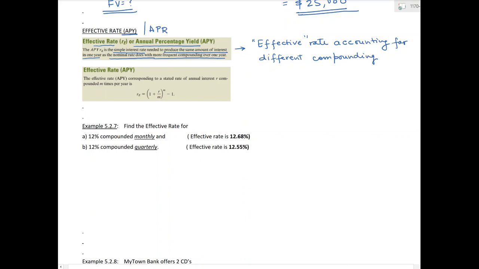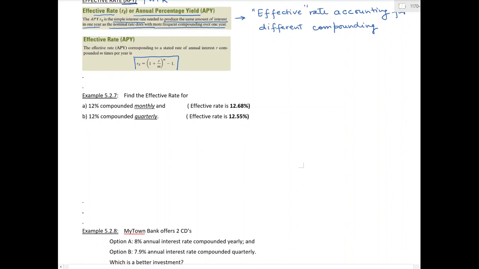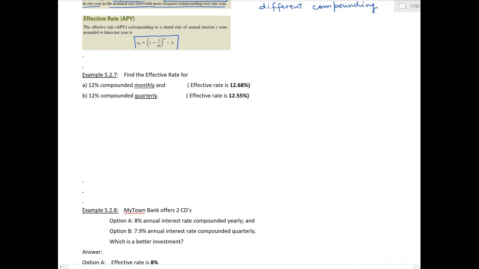So this way we can make such comparisons. The formula is very simple. This is the formula for it, and let's practice it. So let me write it again. R effective is 1 plus R over M raised to the power M minus 1.